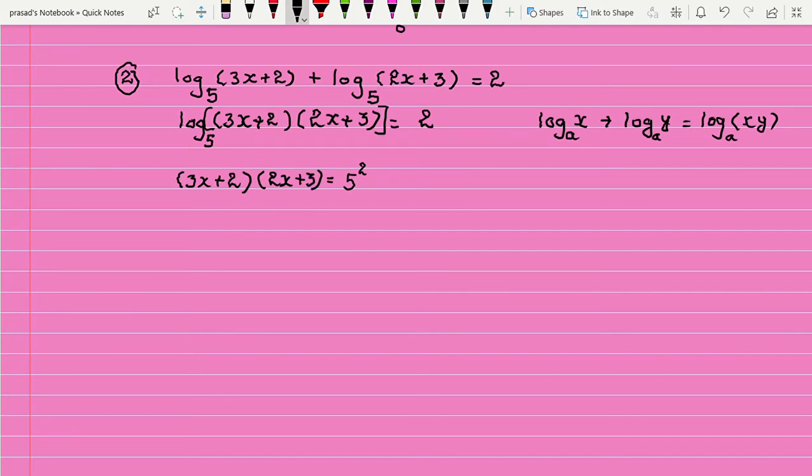So open out these brackets, 3x into 2x. So how will you open out?